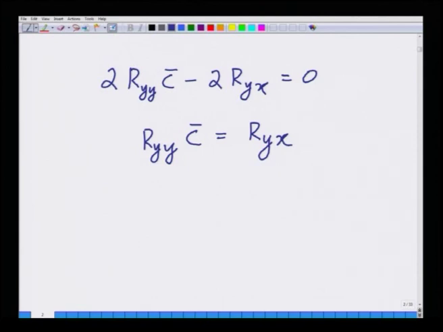the optimal C bar that minimizes the mean squared error is C bar equals R y y inverse. The C bar that minimizes the mean square error is nothing but the solution of this equation. Hence, that C bar is R y y inverse R y x.